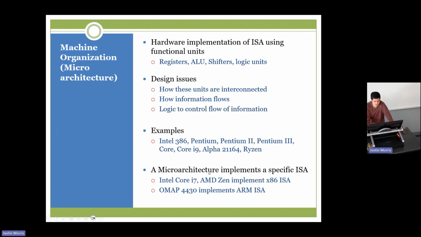So your microarchitecture is going to implement usually one specific ISA. So Intel, AMD, like I mentioned, x86. And then this obscure chip, I'm not sure where it's from, implements ARM. But you can also see the Raspberry Pi, that's implementing ARM.